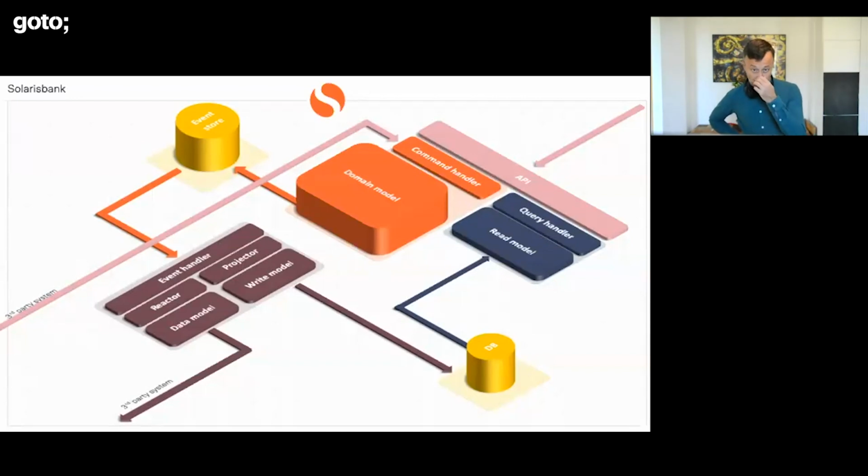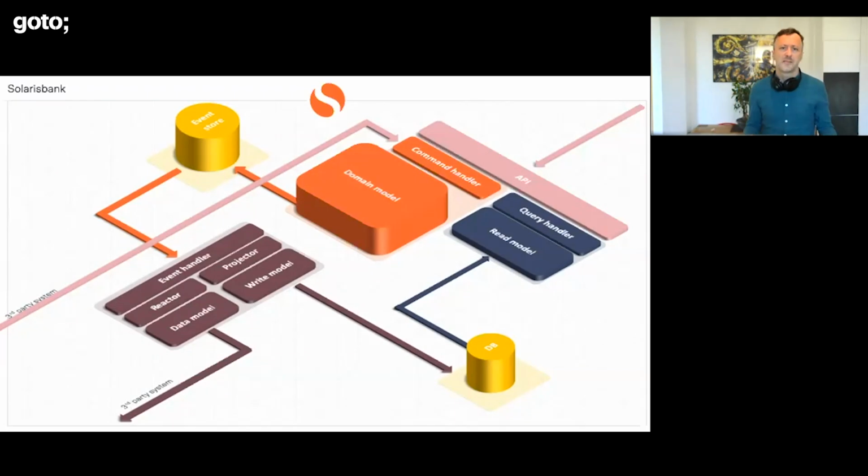Now, I will just shortly go into an explanation of the diagram. It is a school textbook example of how an event-sourced and CQRS application would look. So you would have a sort of API. There is a command handler, and it would accept intents of our customers for something to happen.